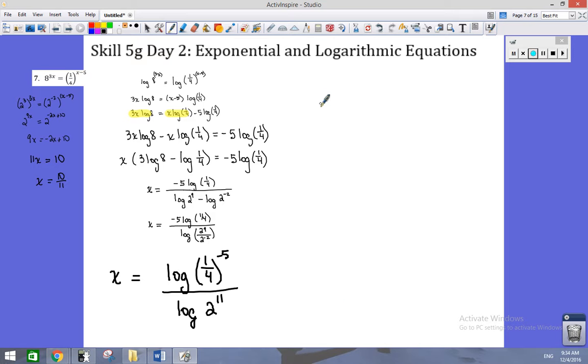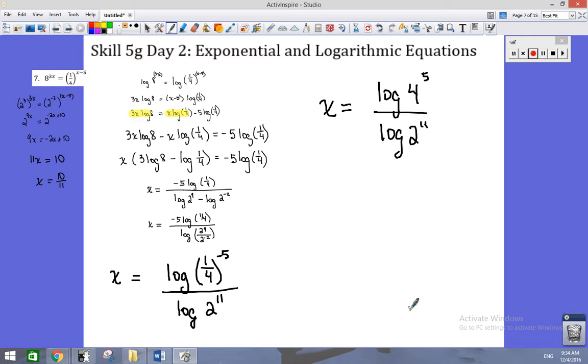And if I flip this, I'll need to change that to a positive 5. And I've got 2 to the 11th.